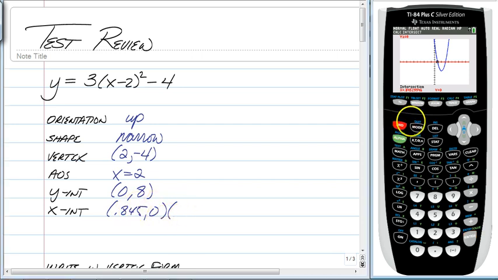And to do it again, you just press second trace, number 5 again. This time you take your little blinky, put them on top of the other intersection point. Click enter 3 times. And you get (3.155, 0). And of course, you'll have to sketch this, but you can just press second table, plot some points, and you'll be good to go.